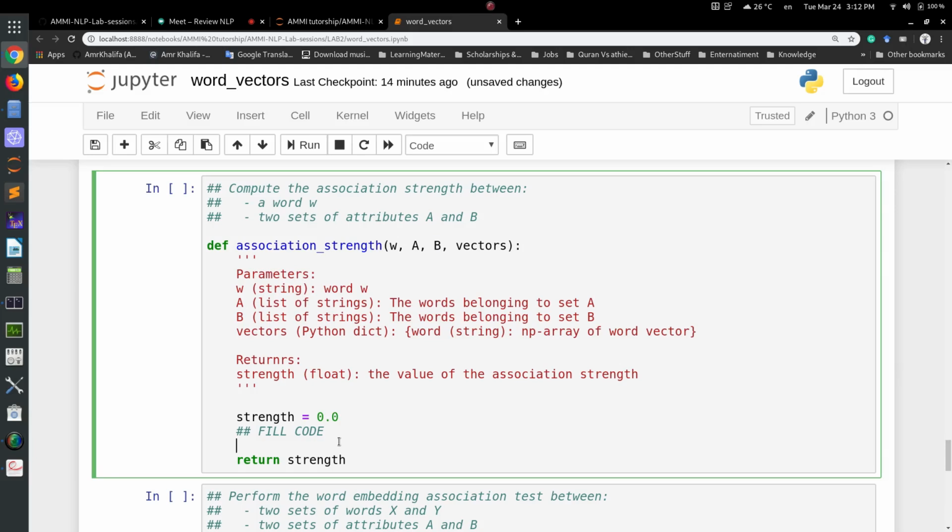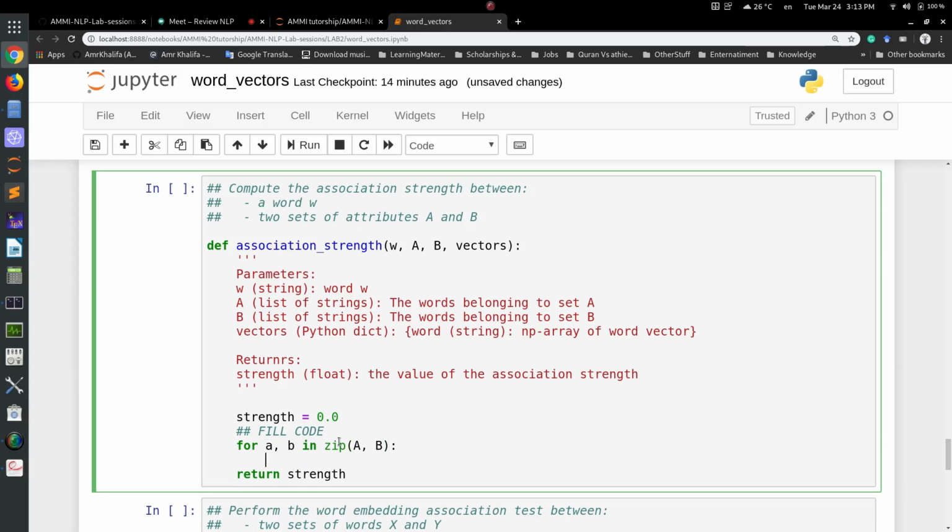So here we're going to do a for loop for A, let's say a, b in zip(A, B). The zip function will put two collections together, and then we're going to loop over them. But I don't think using it is right, because A and B don't have to be the same size.